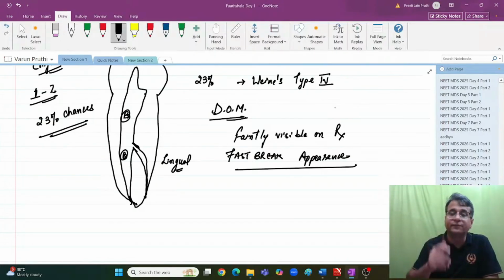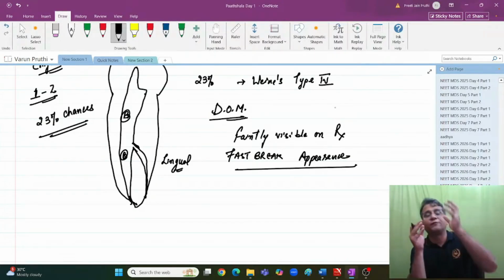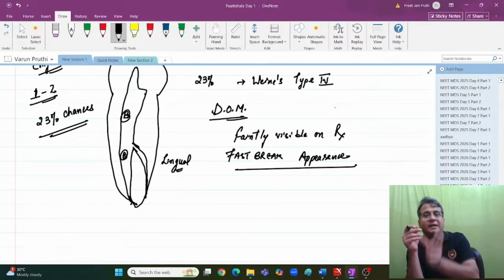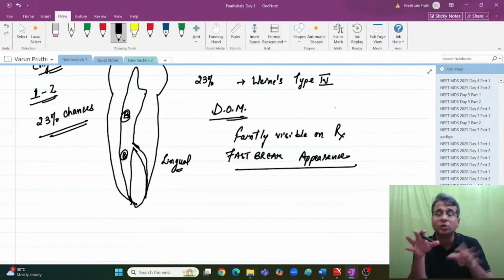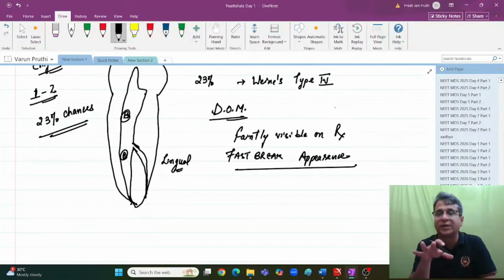So, fast break appearance. Fast break appearance means if you see on the radiograph, the canal is thick up till the middle third, and after the middle third, the canal suddenly disappears on X-ray. Remember, this is not calcification of the canal.